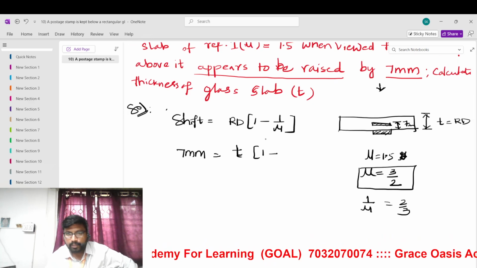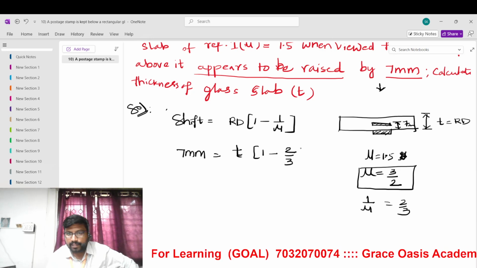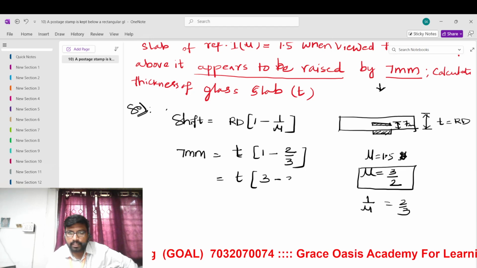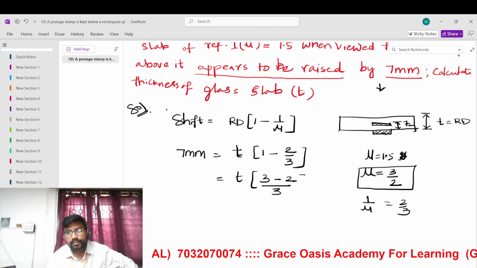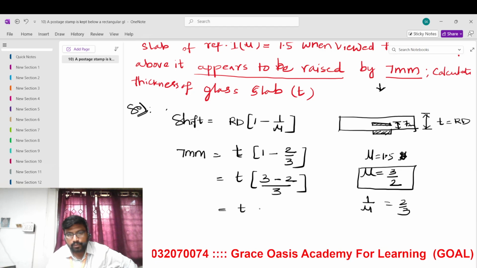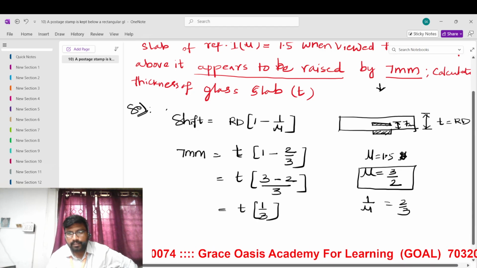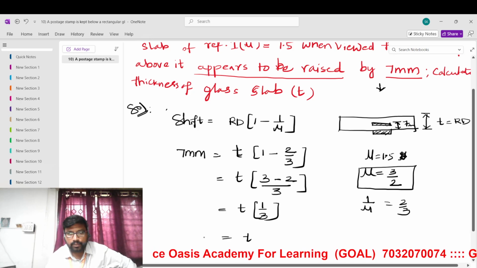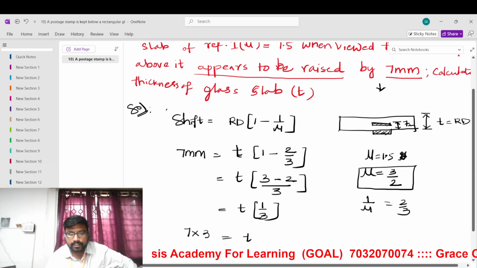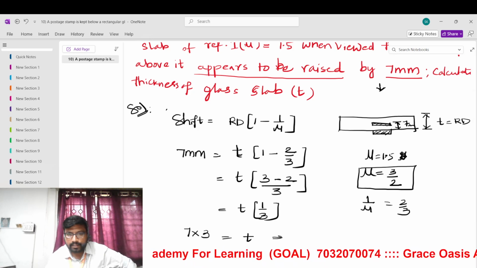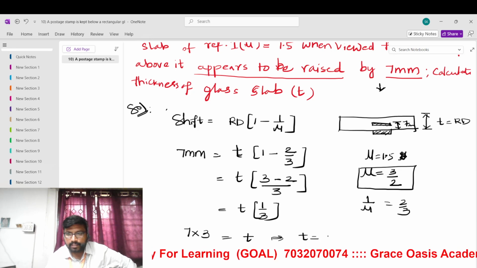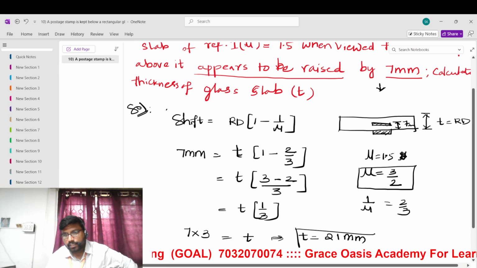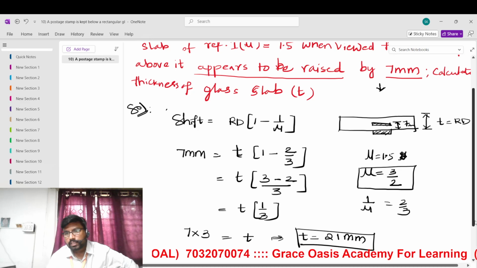So T into (3 minus 2) by 3, that means T into 1 by 3. So T equals 7 into 3, which is 21 mm. So T equals 21 mm. This is the answer.